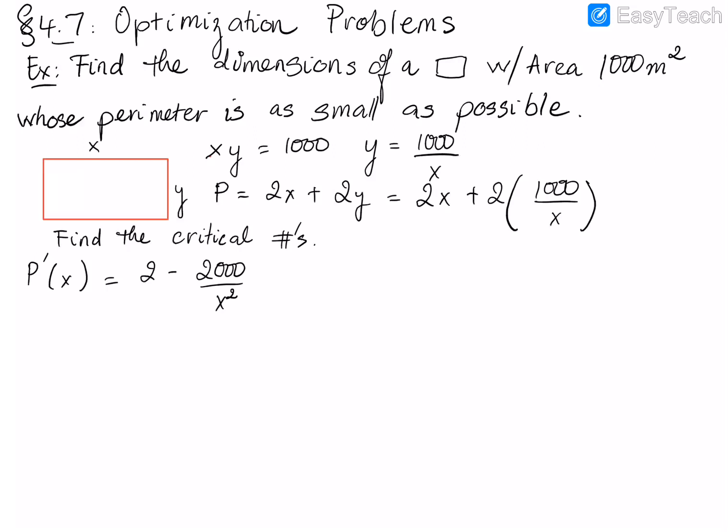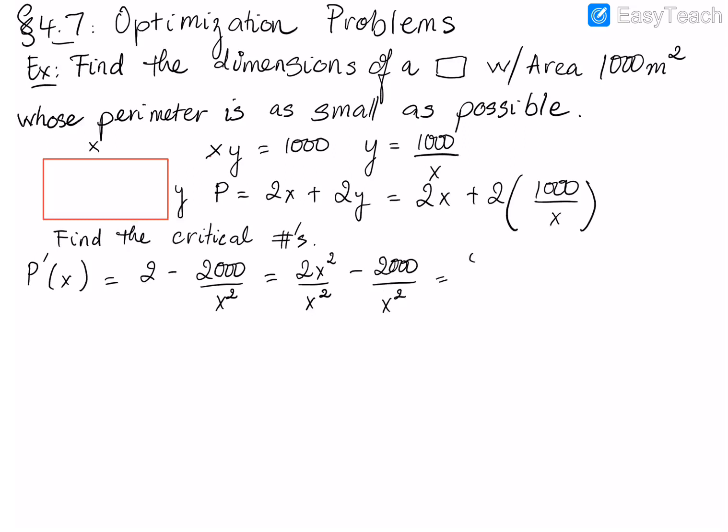Now, you want to set it equal to 0 and solve for x. In this case, I can just find the LCD and factor it. If I get the LCD, I get 2x squared over x squared minus 2,000 over x squared.